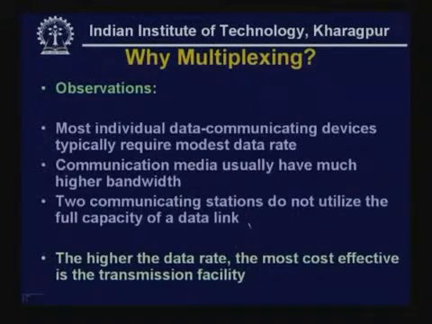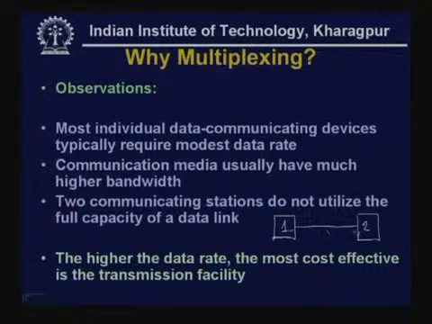On the other hand, individual users have lesser data to send, and as a consequence, the two communicating stations do not utilize the full capacity of a data link. That means, if you have two users, say user 1 and user 2, and they are linked by a communication link, maybe optical fiber, coaxial cable, or whatever it may be, they are not able to utilize the link capacity fully.